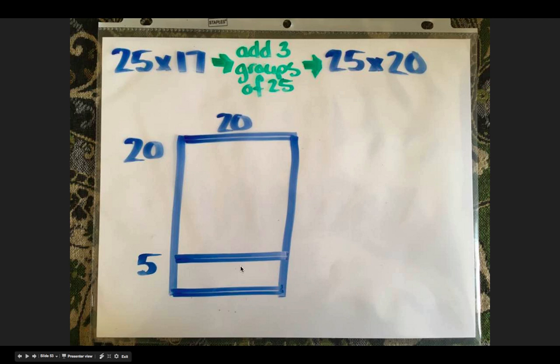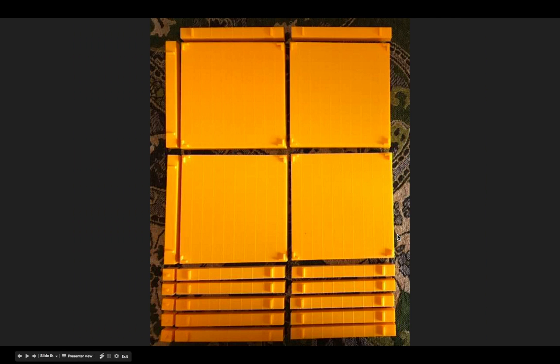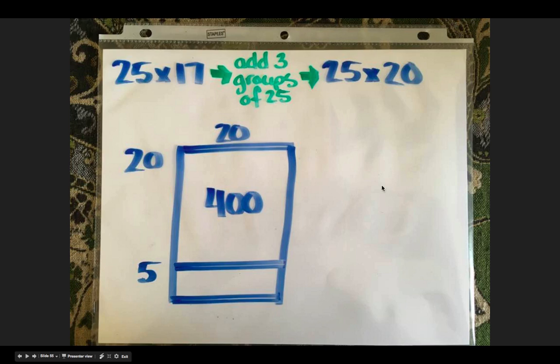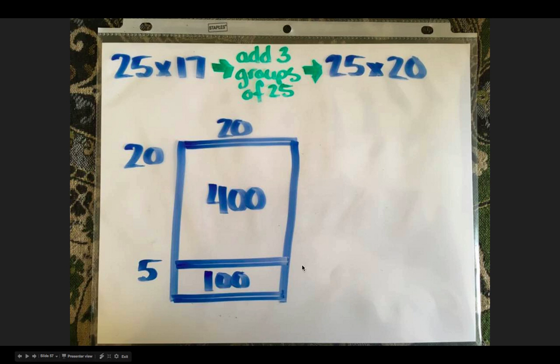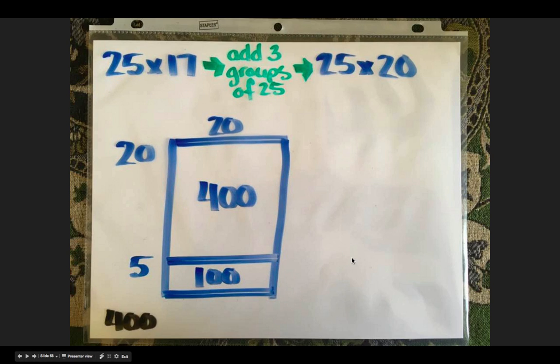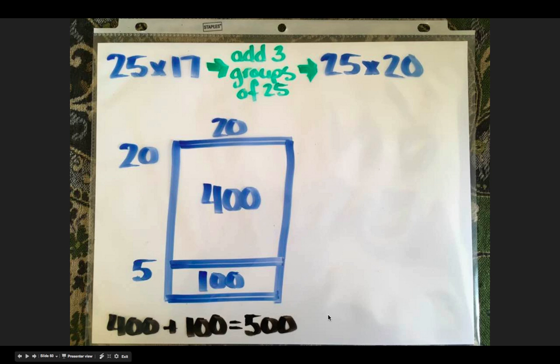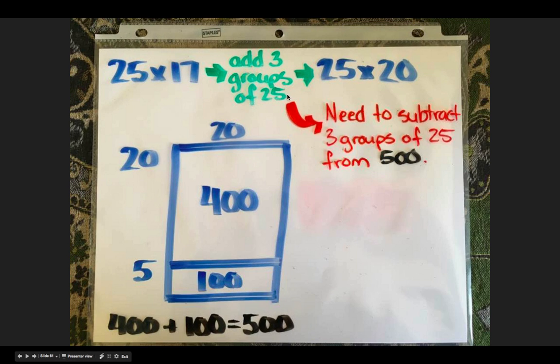After that, I solve for my partial products, and I only need to find 2 in this situation. So 20 times 20 is 400, so I can put that in. And then 5 times 20 is 100, 50 and 50, so I can put that in there. The next step is to add those up, which gives me 500. But that's not my final answer because I still need to subtract these 3 groups of 25.